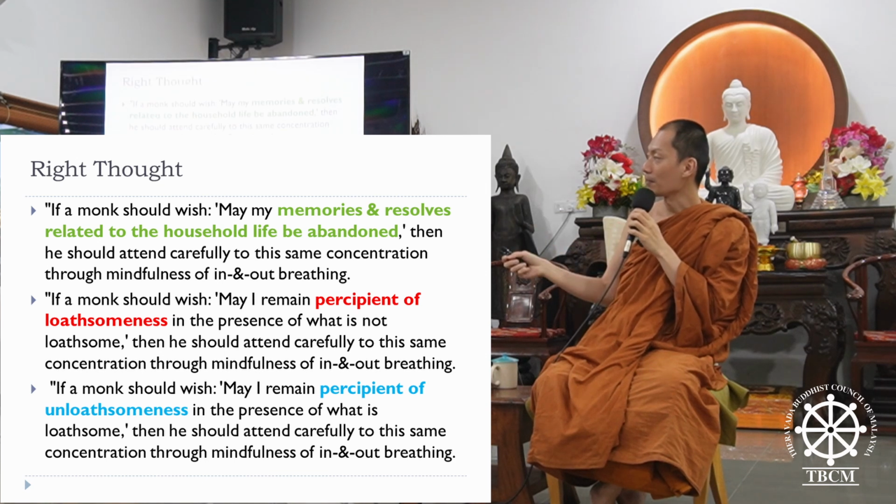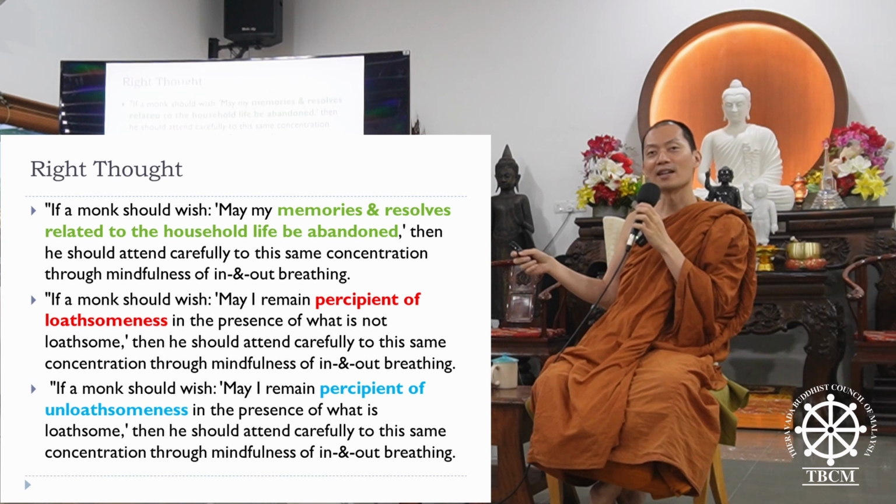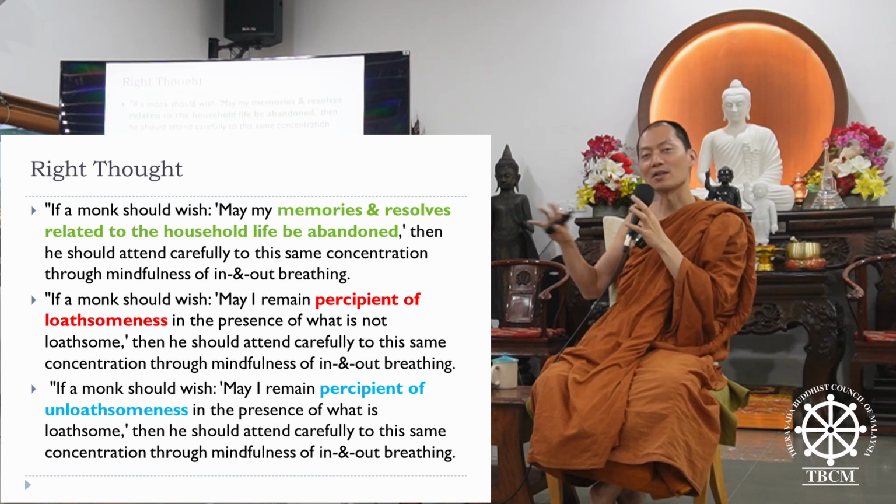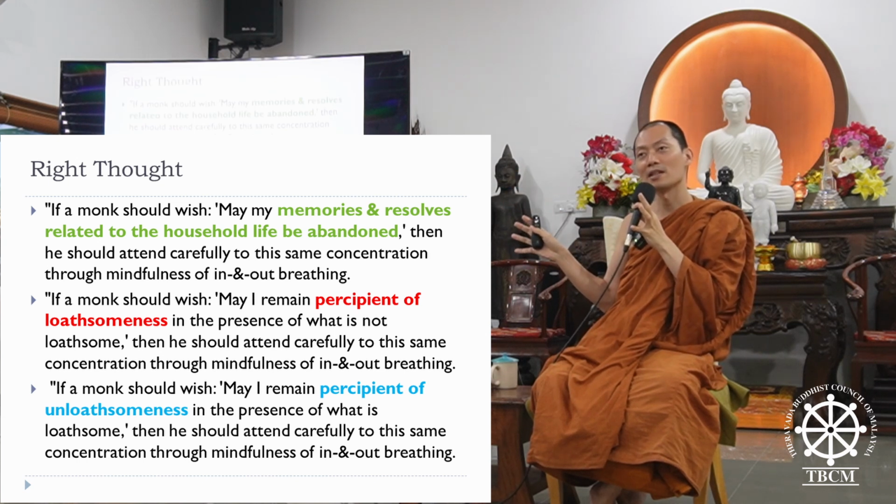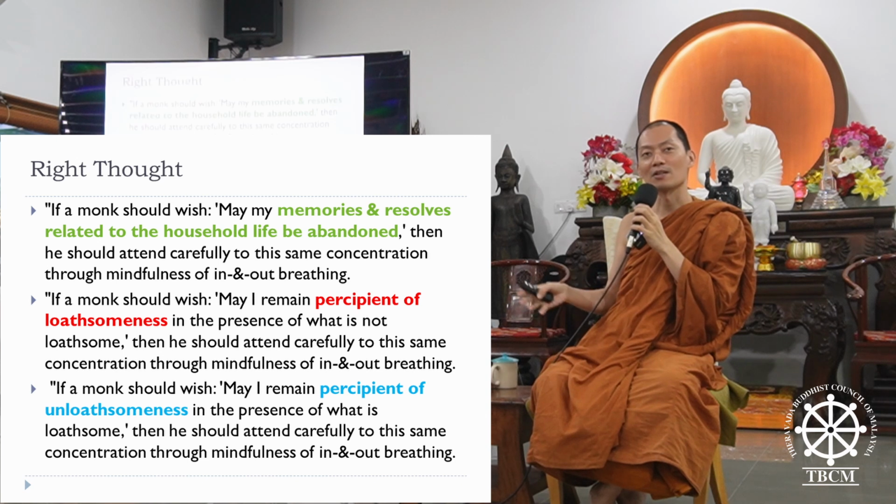Then the last one, perception of unloathsomeness, so we talk about loving kindness. These are the 3 that balance out the mind. The mind needs to be balanced first before you do the breath meditation. That's why we did all the Asukha meditation, the loving kindness meditation, and then we do the breath.